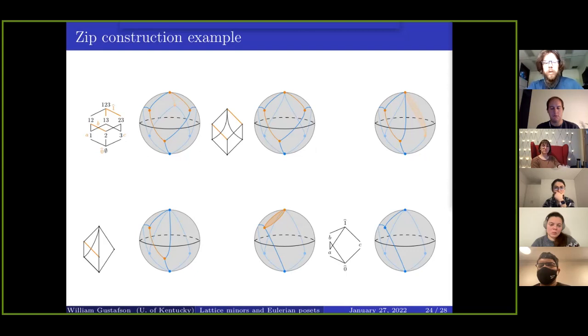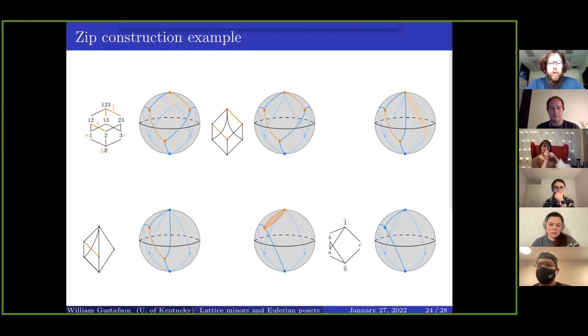And then the last step, we have to identify the 2 elements in the lattice, which are connected by that last bolded edge. We zip that edge on the complex, and then we get another 2-gon in the middle, now corresponding to the minor, which is the upper interval from the 2nd atom, and that lattice on the bottom left.